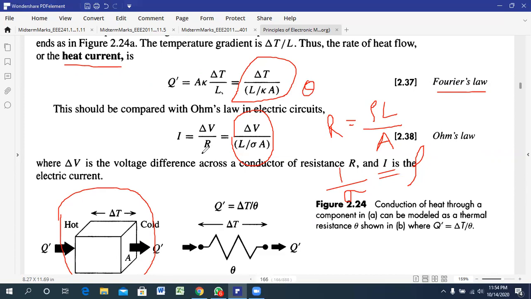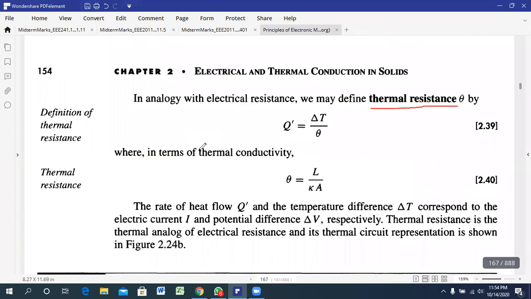In case of thermal resistance it is denoted by theta, and in case of electric resistance it is denoted by R. Now the thermal resistance theta equals L divided by chi A. So the rate of heat flow Q prime and the temperature difference delta T correspond to the electric current and the potential difference delta V respectively.